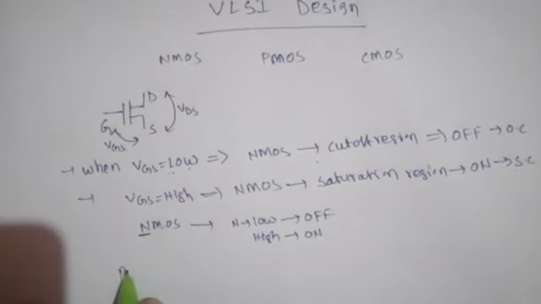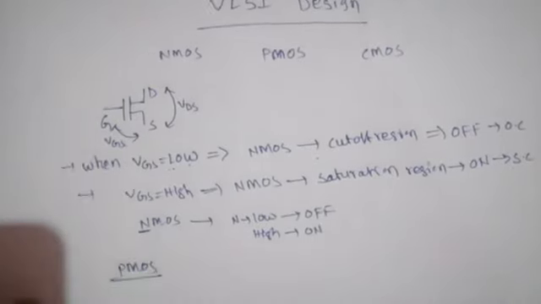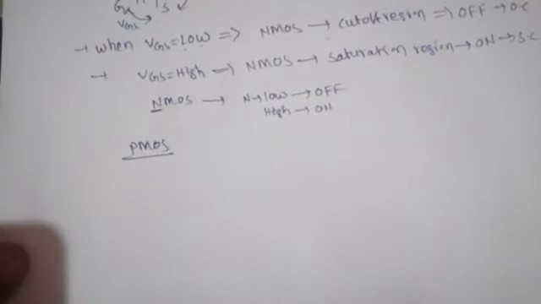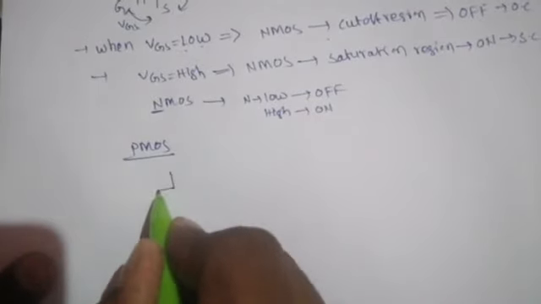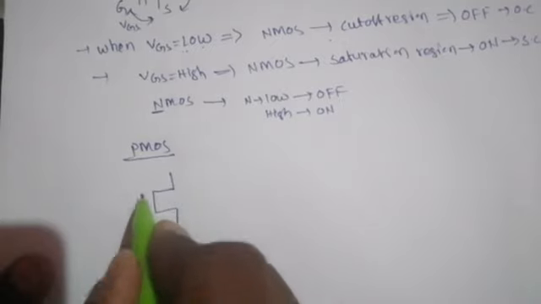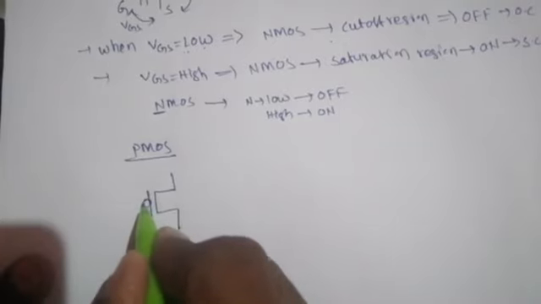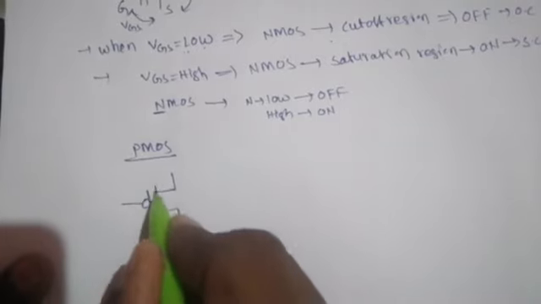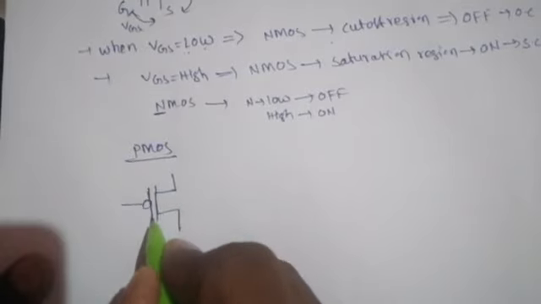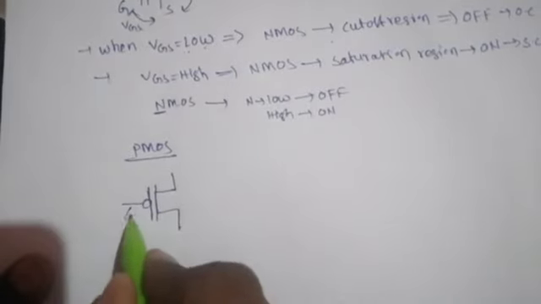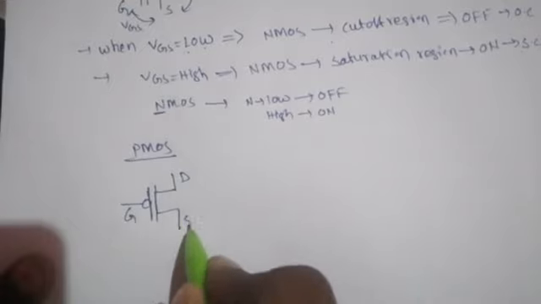Similarly we have to discuss PMOS. We have to know when the PMOS is on and when the PMOS is off. With a bubble at the gate we call it PMOS, without a bubble we call it NMOS. This is the gate, drain and source.